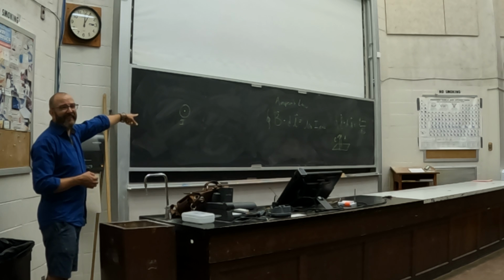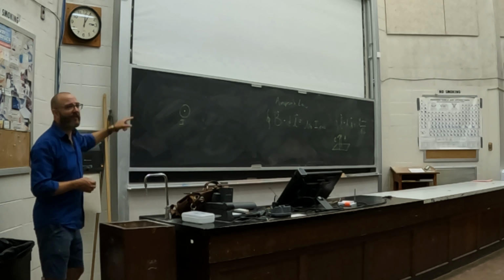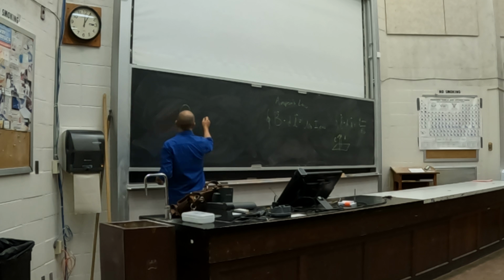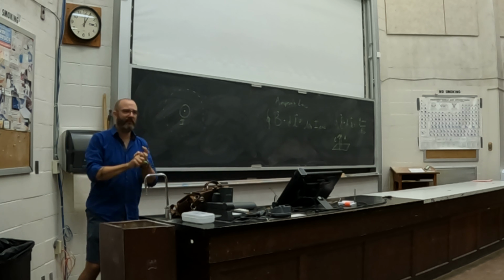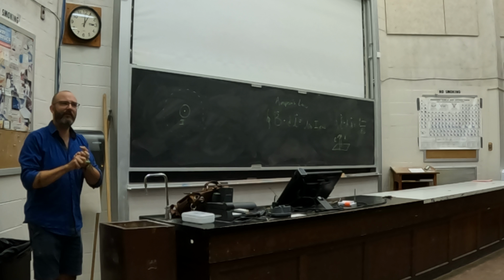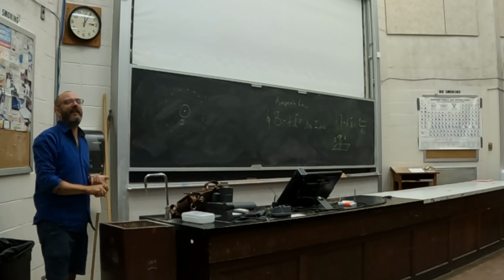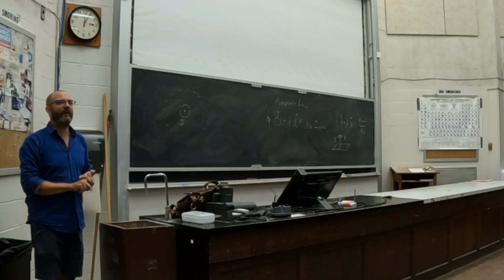Hopefully, it's easy to see that a circle. If I make an Amperian loop like this, let's see if it meets my criteria. Closed loop? Yes. Geometry simple? Yes. Do I have to make it like this? No. But it's easier if I do.